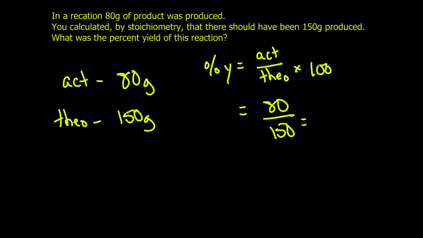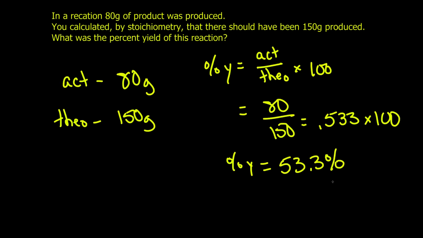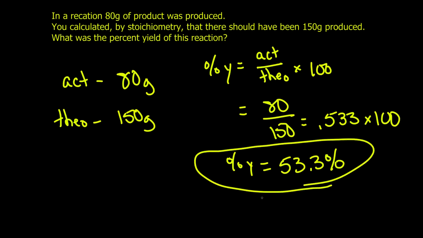So 80 divided by 150, I get 0.533 repeating. Then I times that by 100. So my percent yield for this reaction is 53.3%. Not very high. So something has clearly gone wrong in our experiment.